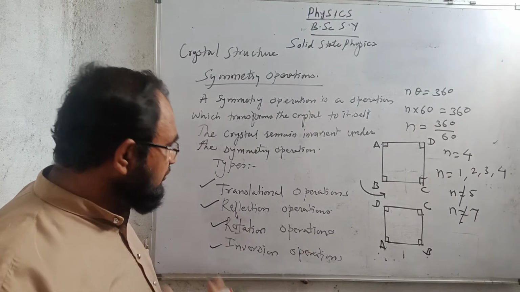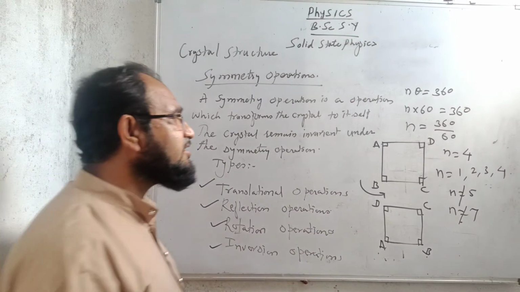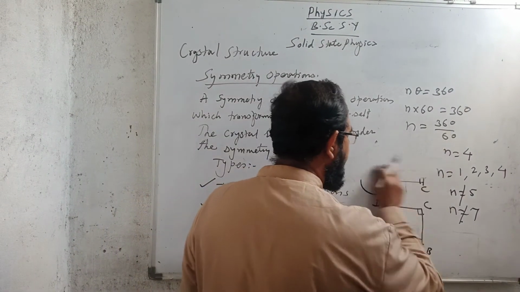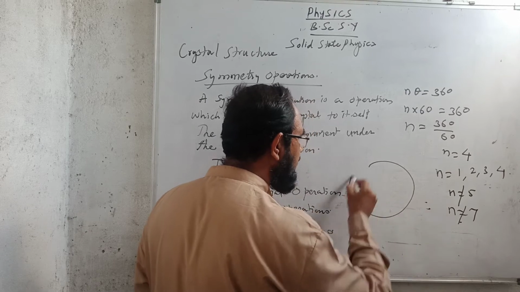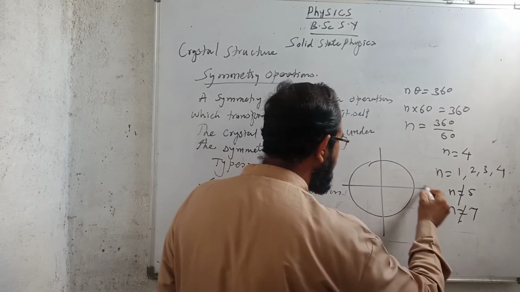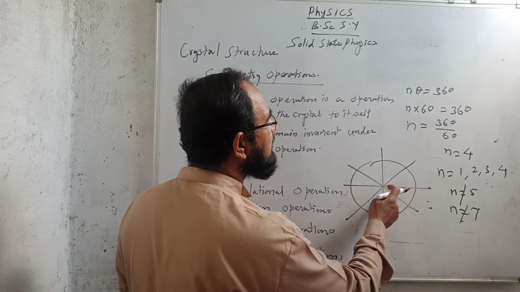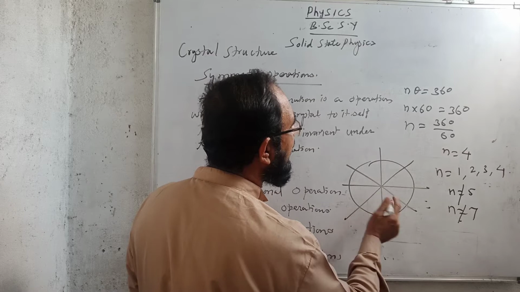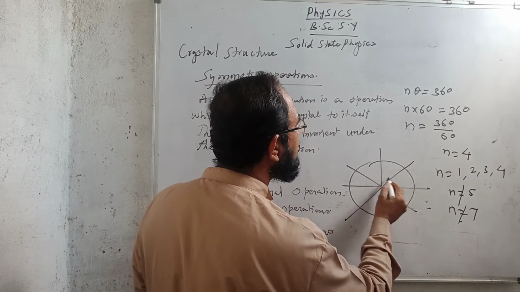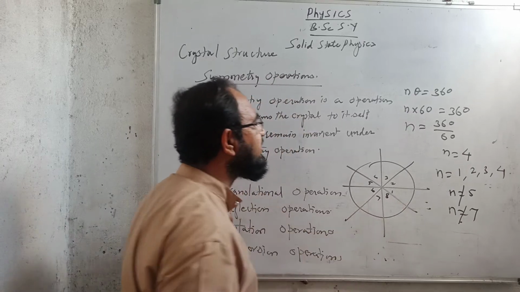Now if I take the example of a circle and take the symmetry axes, 1, 2, 3, 4, 5, 6, 7, how many angles are there? 1, 2, 3, 4, 5, 6, 7 and 8 angles are there.